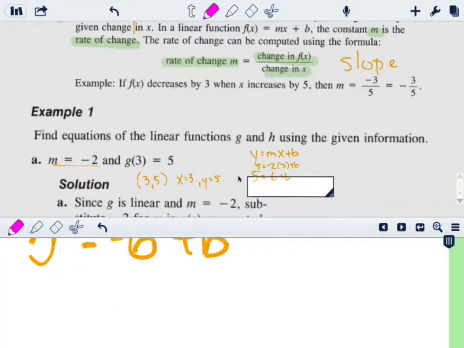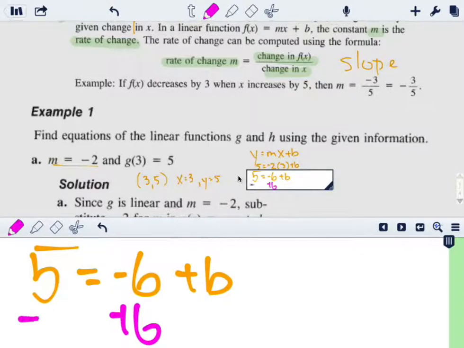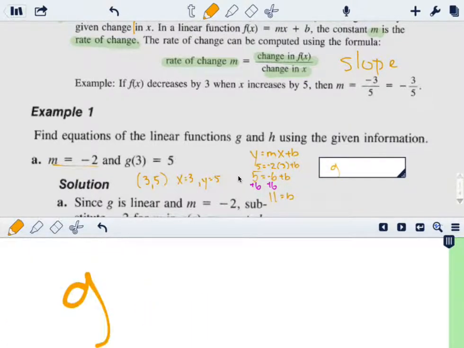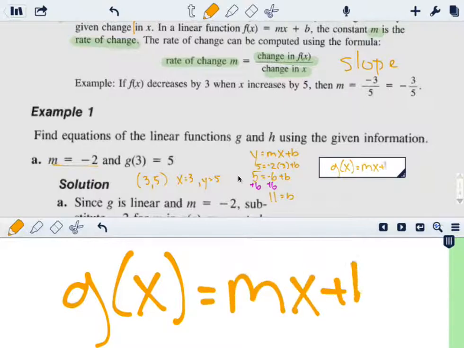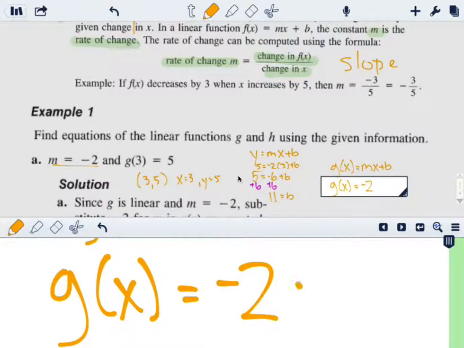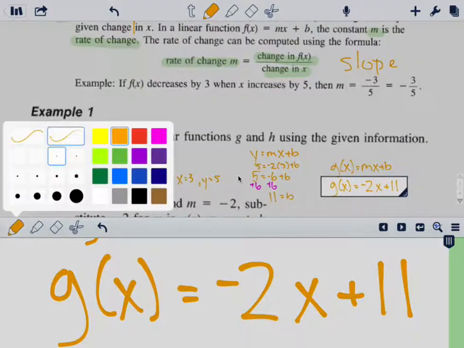We add the 6, add the 6, and so we get 11 is equal to b, and so we get g of x equals mx plus b. So g of x, m we're given as negative 2, x plus b. b is 11. There's our answer.